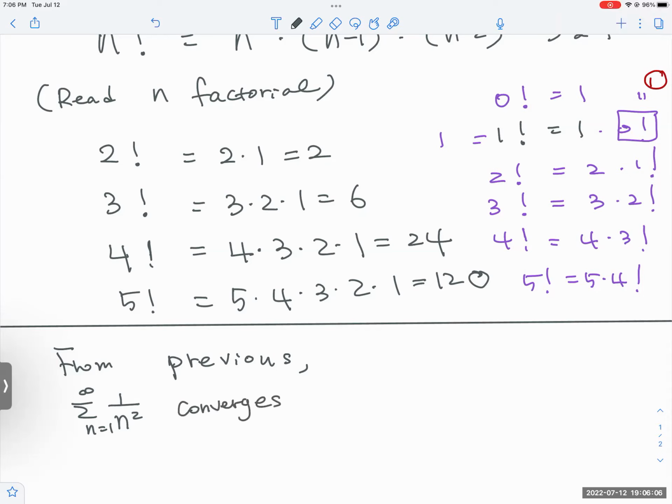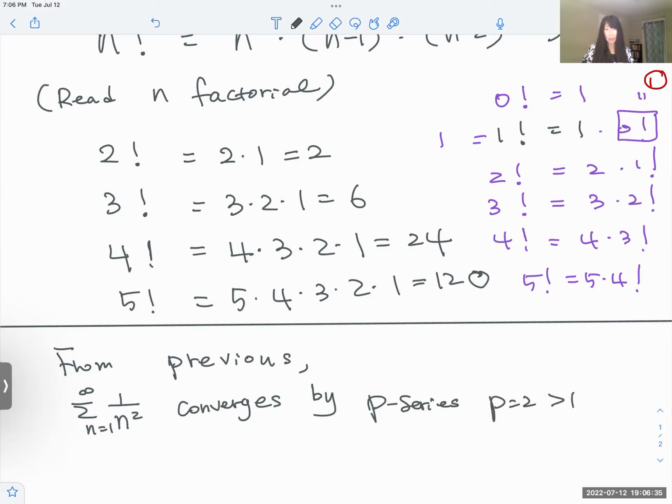We're gonna say that by the p-series test. So it converges by the p-series. P equal to 2, which is greater than 1, right?